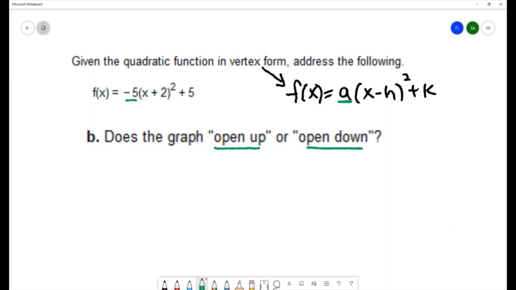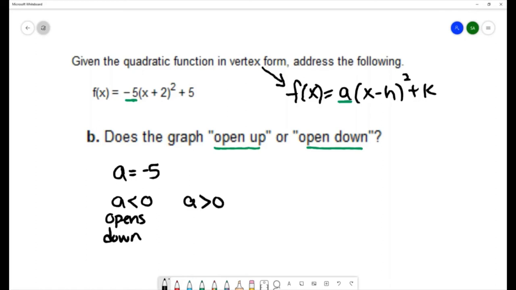For our example, a is equal to -5, and when a is negative, when a is less than 0, the graph opens down, and when a is greater than 0 or positive, the graph opens up.